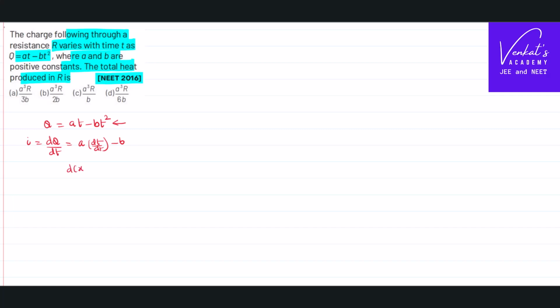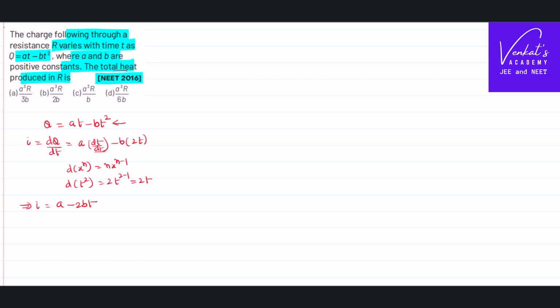We have a formula: differentiation of x power n equals n into x power n minus 1. So differentiation of t square is 2t. So the current that we have got is A minus 2Bt.